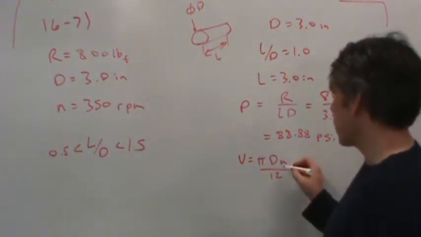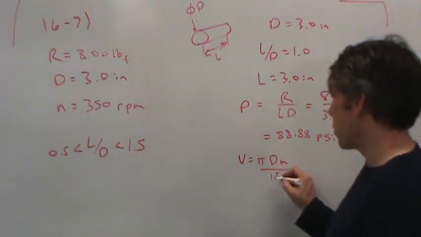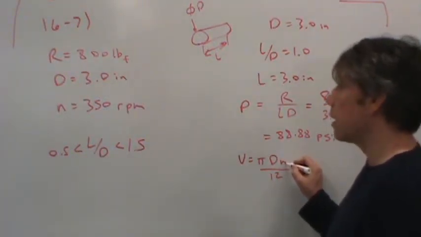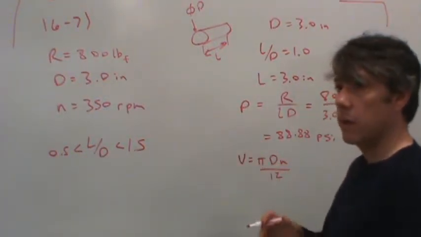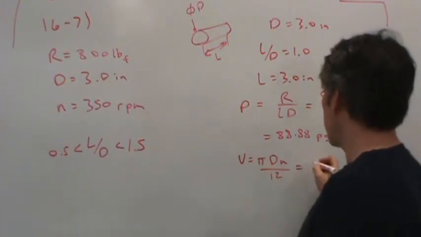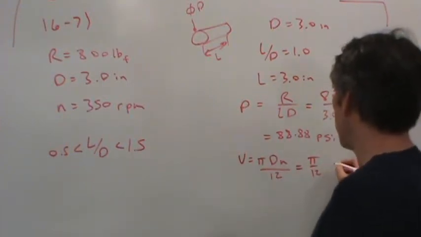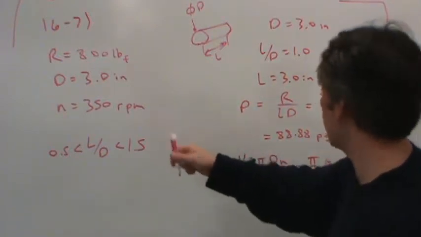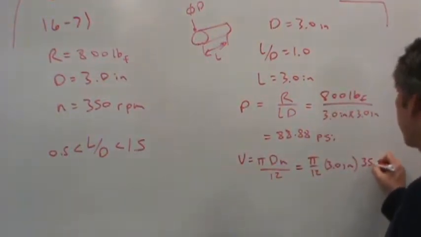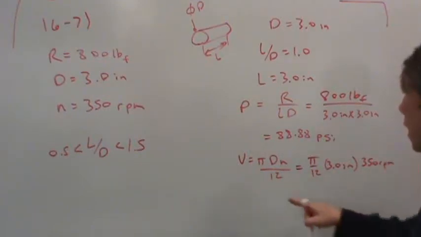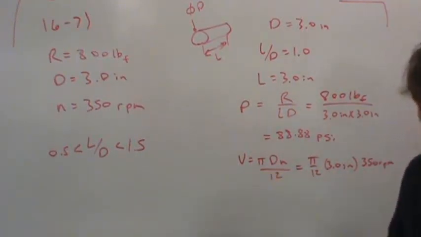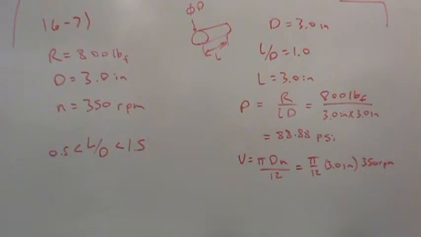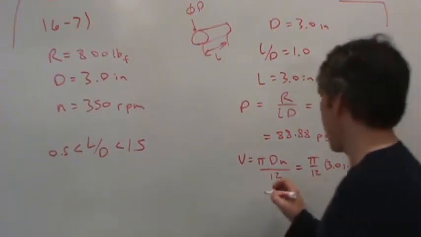They're conversion factors so that we can use diameter in inches, that's what the 12 is for, and RPM rather than radians. Okay, so let's just plug it in. Pi over 12, 3.0 inches, and the speed, 350 RPM. And the velocity should come out in feet per minute. So if you guys would calculate that, I would appreciate it. 274.75.